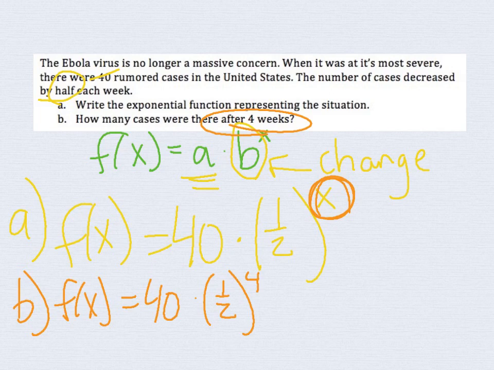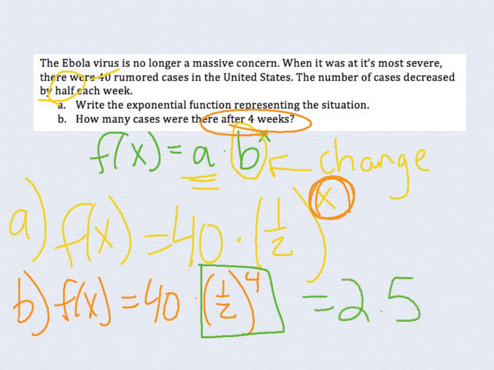So if I go to my calculator and type it in, remembering order of operations, remembering that my exponent has to go first, I'm going to type in this part first: 1/2 to the power of 4 using parentheses. 1/2 to the power of 4 is 0.0625, and then I can just take that number times 40, and my answer is 2.5.